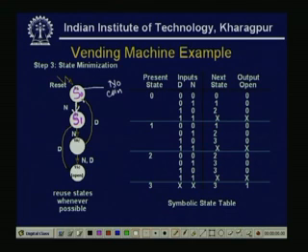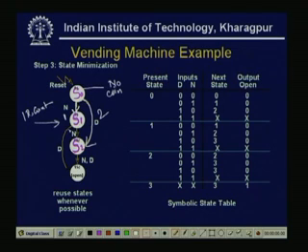Now, if 2 rupees has come, or 1 rupee has come and then 2 rupees, it proceeds and goes to S2. Now see, in the S1 state, S1 means a 1 rupee coin is deposited.